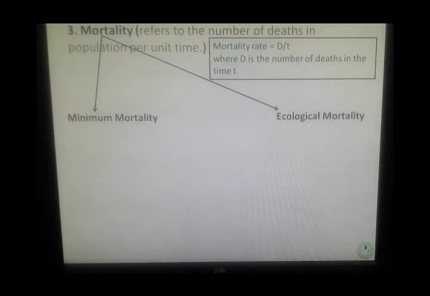Now, natality and mortality are very, very important to understand the different types of survivorship curves.